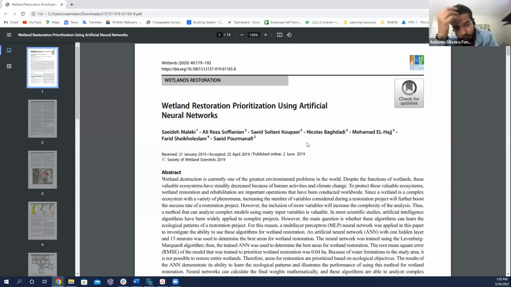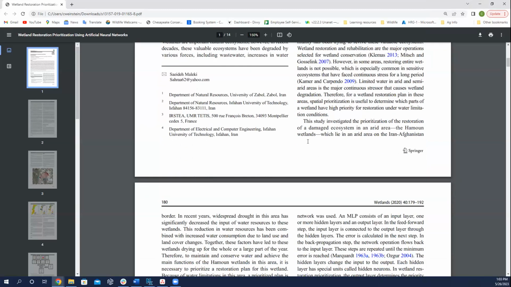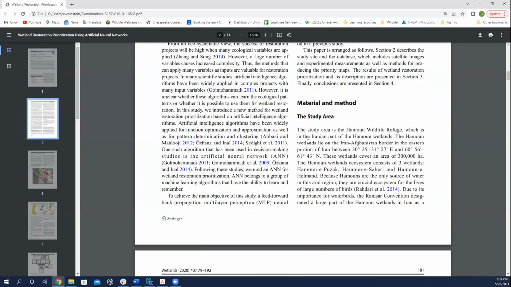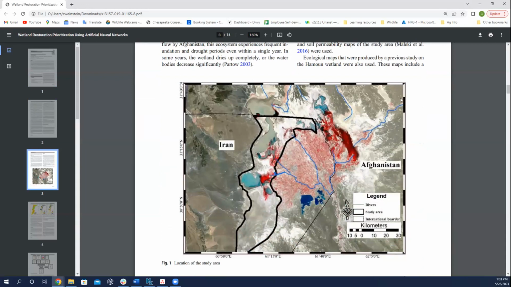Yeah, that's better. Okay. So the study area for this paper is the Hamoon wetland complex. Hopefully I'm pronouncing that correctly.